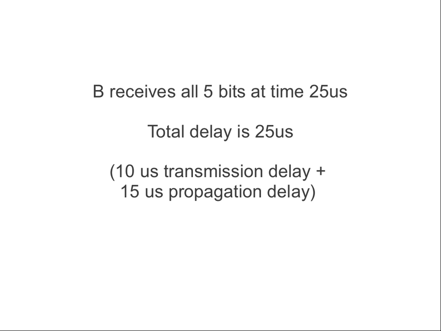You send from A to B and B sends back to A. Well, the total delay is just the sum of all the components. If it takes, for example, in our case, 25 microseconds to get from A to B and another 30 microseconds to get from B back to A, then the total delay is 25 plus 30 or 55 microseconds. So you treat each link separately.